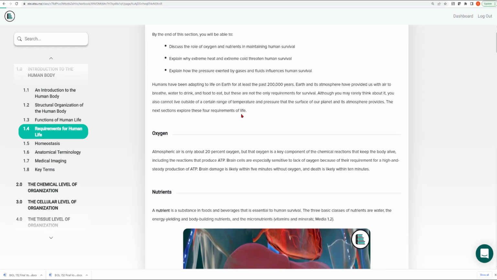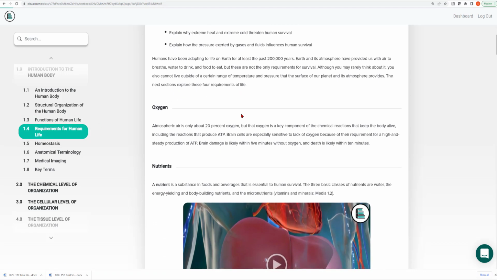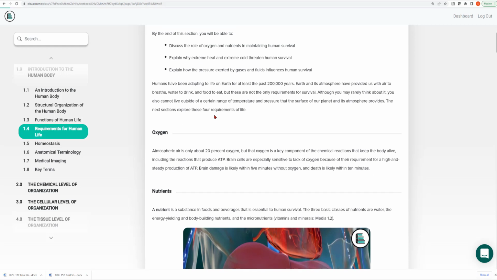What are the requirements for human life? So this is a pretty straightforward list. We need oxygen, right? We need oxygen. Our air is about 20% oxygen. Most of our air actually is nitrogen gas, but about 20% of our air is oxygen, and we absolutely must have oxygen.